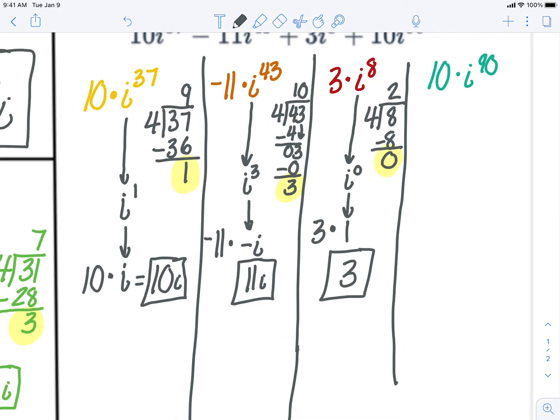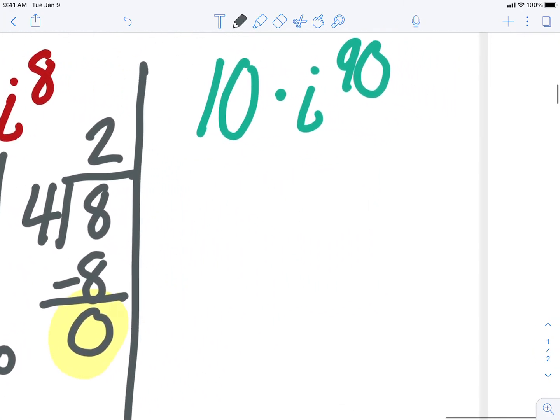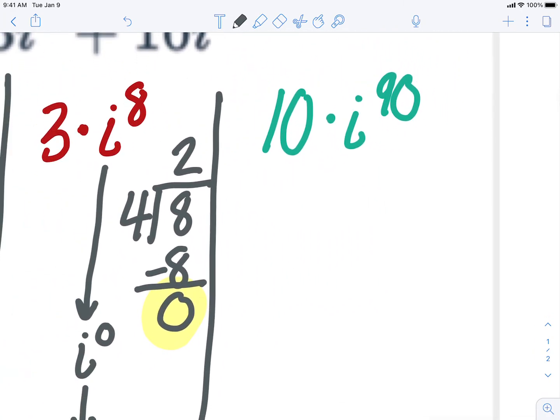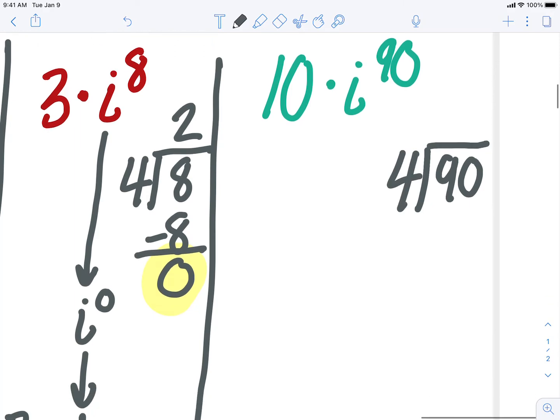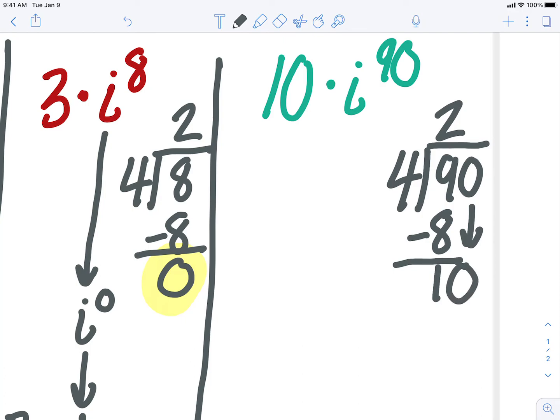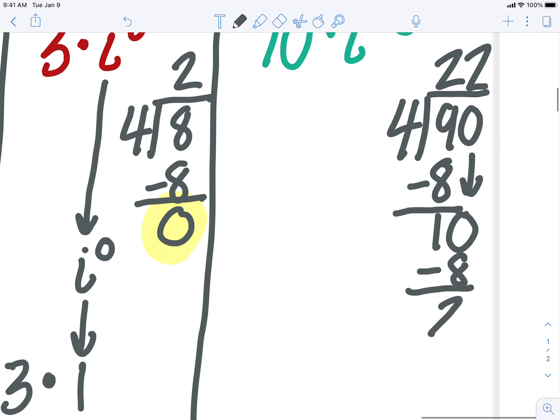Finally, we're going to do our fourth part. So 90. So I'm going to take 90 and I'm going to divide it by 4. 4 goes into 9 2 times. 4 times 2 is 8. 9 minus 8 is 1. Bring down my 0. 4 goes into 10 2 times. 4 times 2 is 8. 10 minus 8 is 2. So this is my remainder.